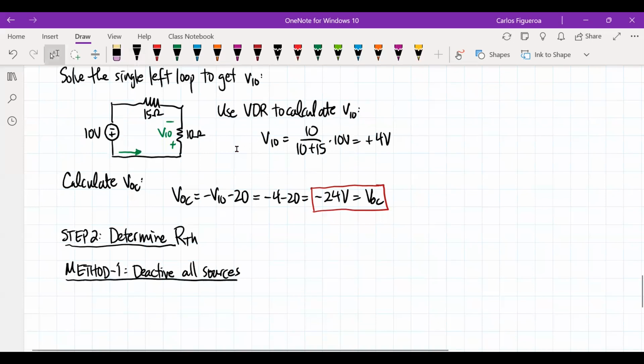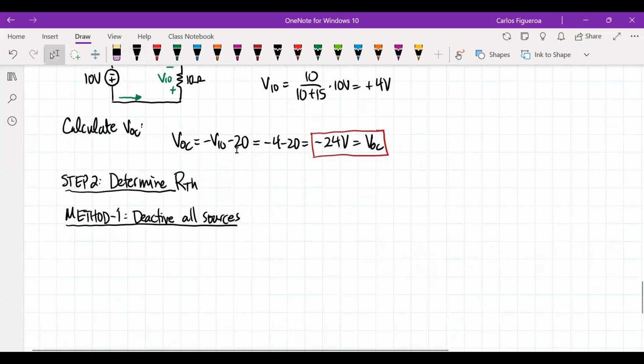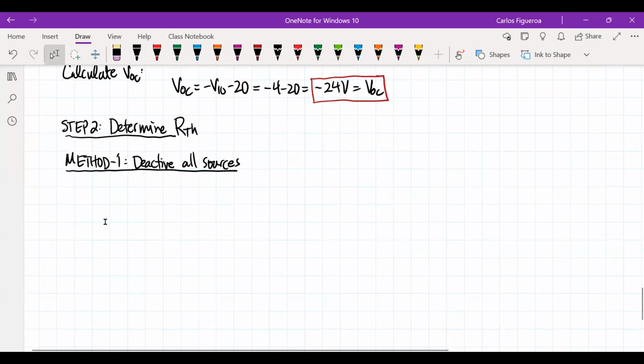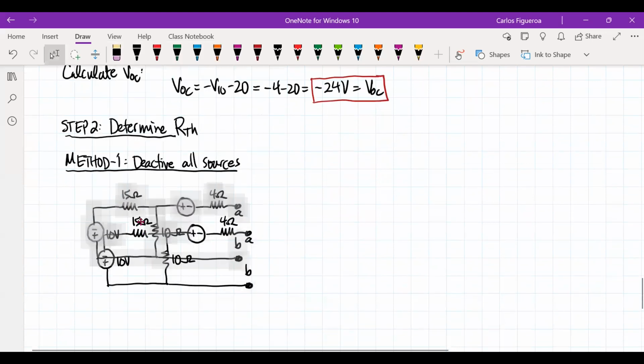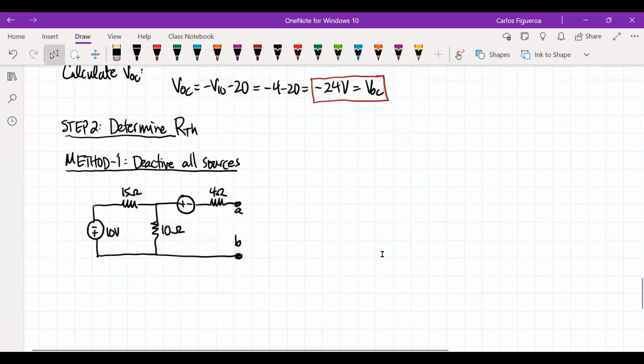So if I do that, remember, I have only one circuit. So if I look at that, there's my circuit right there. So what I'm going to do now is deactivate sources.